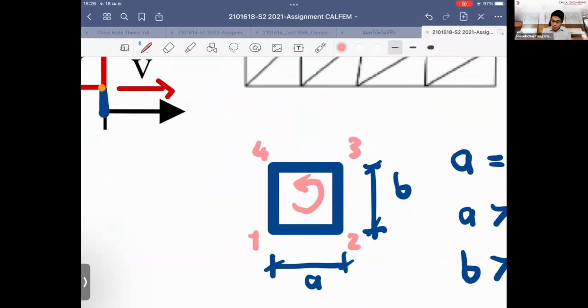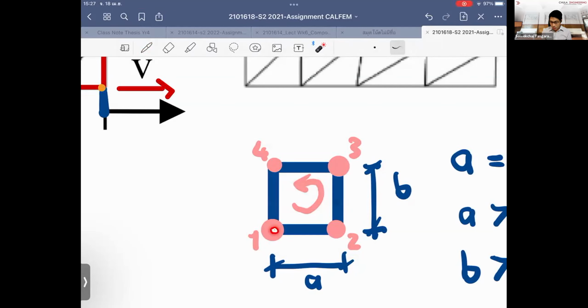And where you start the node doesn't matter. You can start the node at anywhere. It doesn't make a problem at all. You still have the similar stiffness or equilibrium equation, or sorry, the strength equation. But you just need to follow the pattern of anti-clockwise, or if you want to go clockwise, you go clockwise, right?